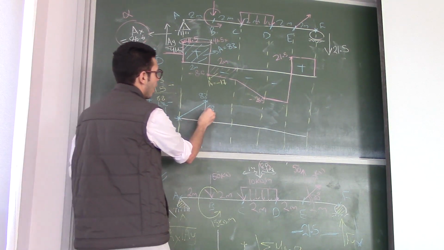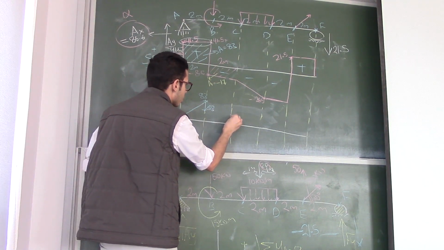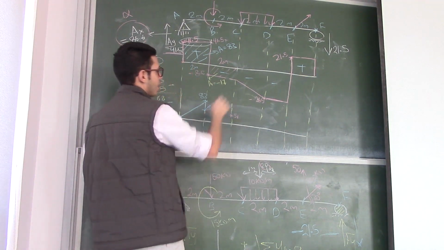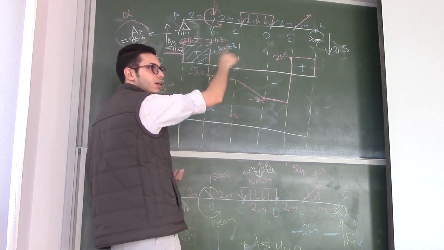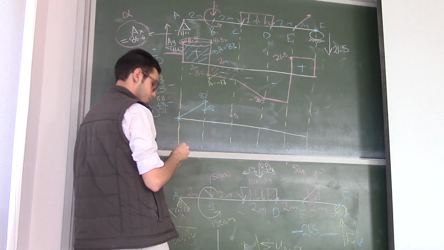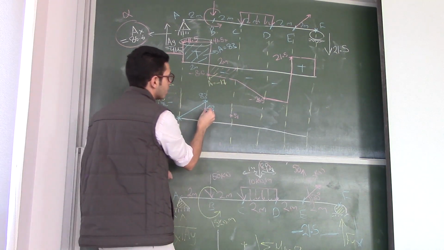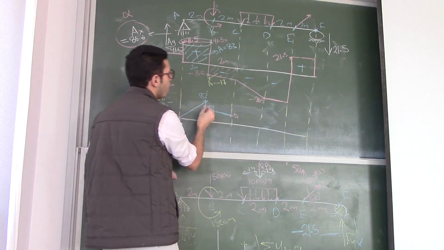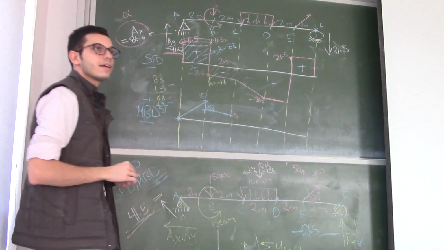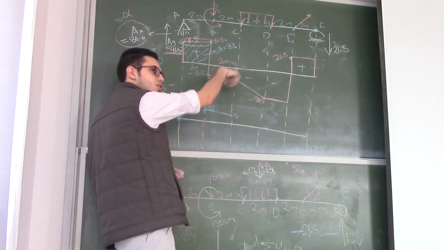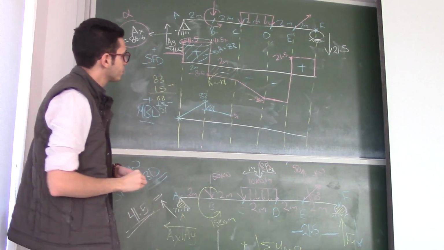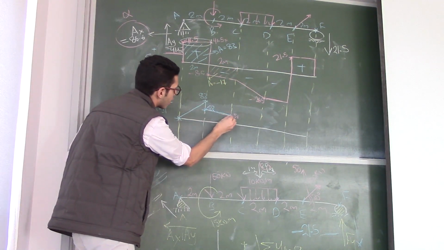So I'm here, and I should end here at 51. And the line here is a constant, so after integration it's a line. Again, it's a line. Why curve? It's constant. And it's down because the area is negative. So it's like this.